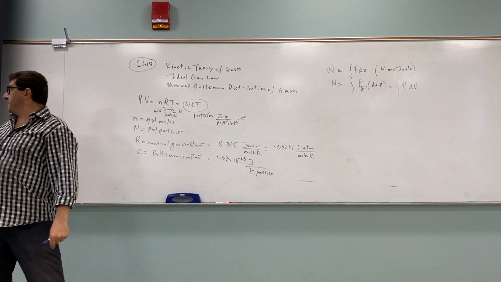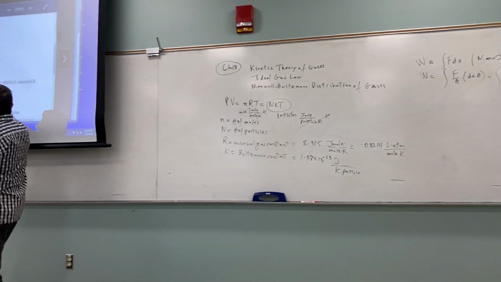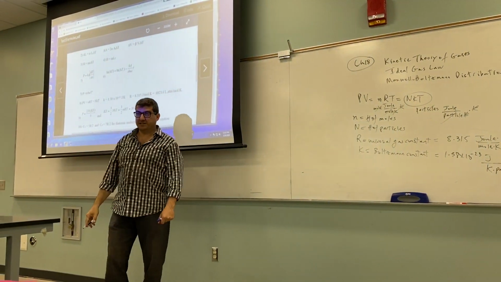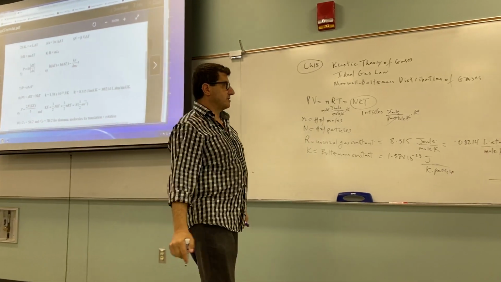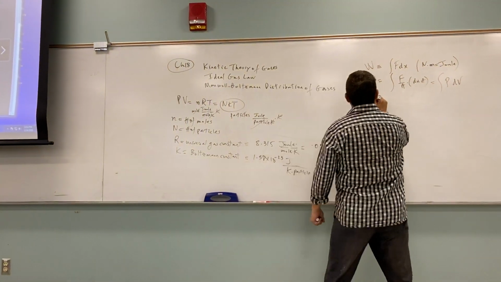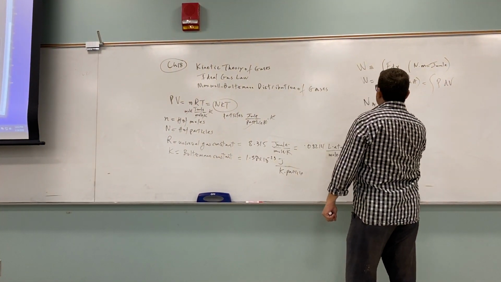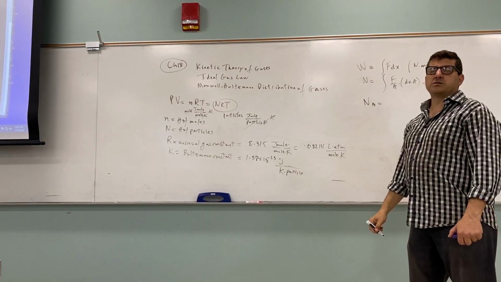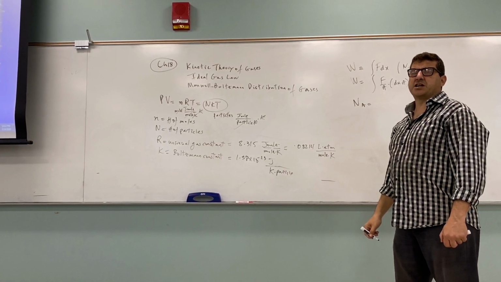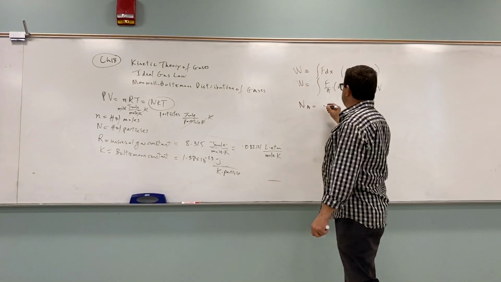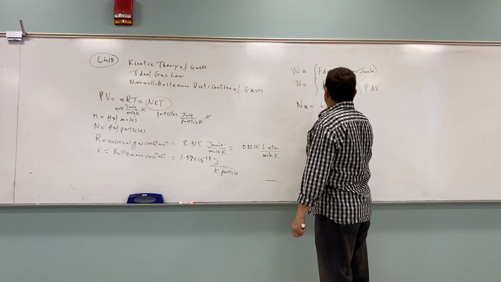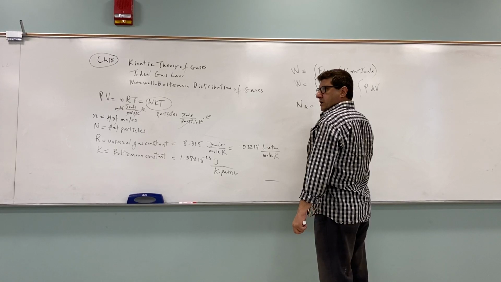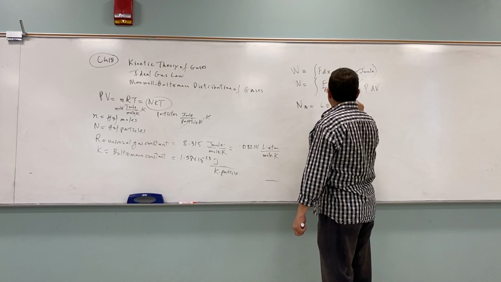Now, one constant that you don't see here explicitly is Avogadro's number. What is Avogadro's number? It's written as Na. It's how many particles of gas are in 1 mole of a gas: 6.028 times 10 to the 23.